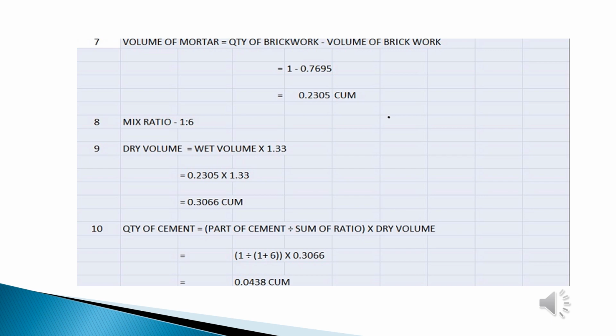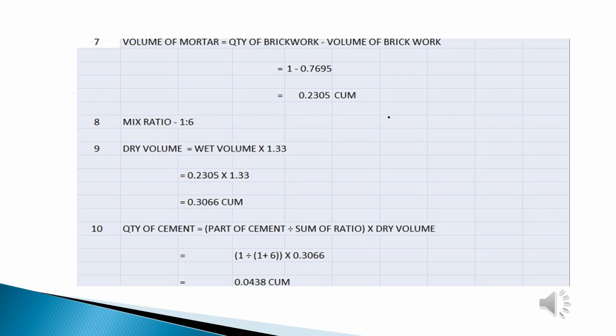So next step is to work out quantity of the cement. Now dry volume equals wet volume into 1.33. Our volume of mortar is 0.2305, multiplied by 1.33. So dry volume comes to 0.3066 cubic meter. Quantity of cement equals part of the cement divided by sum of the mortar ratio, into dry volume.